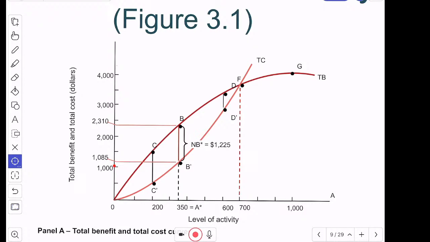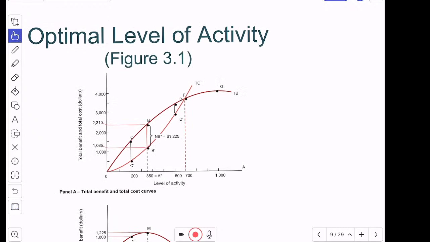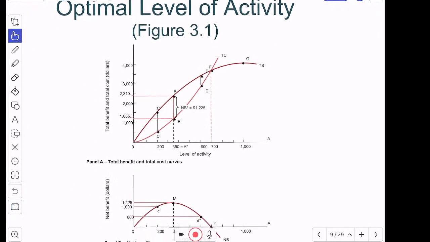On this function, you can find the total benefit and total cost and actually calculate the net benefit. So all this information has been displayed for you, but we'd like to do that in a more systematic way, and that's why we end up using calculus.